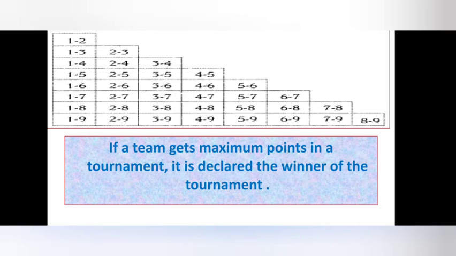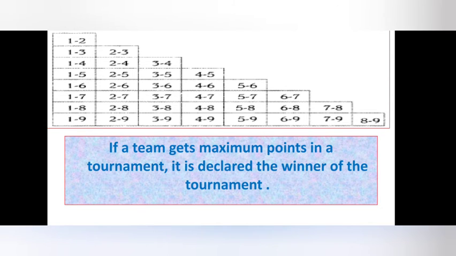Okay. So how do we know which team will win the final, or who will win the league? There is a formula, or a way, to know which team will win the tournament. If a team gets the maximum points in a tournament, it is declared the winner.